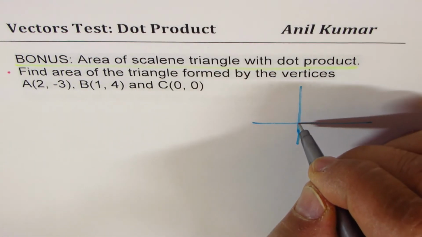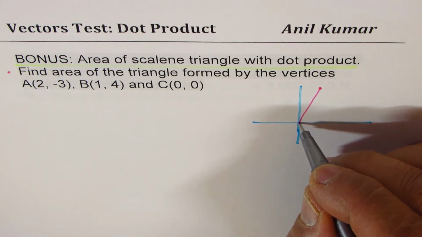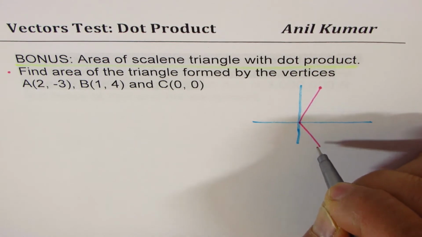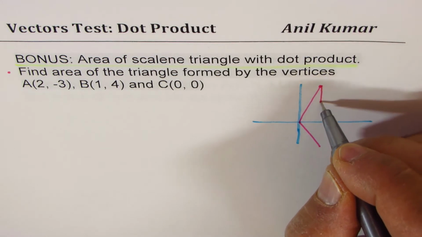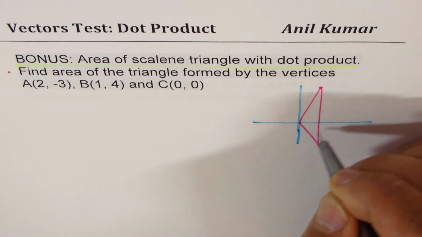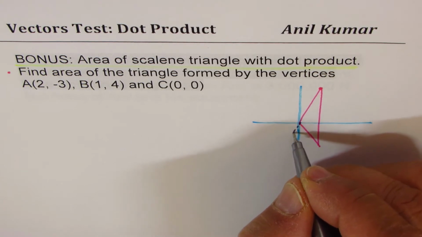So B is (1, 4), let's say this is B for us, and A is (2, -3), and this is 0, and the triangle formed is kind of like this. We have to find area of this triangle. How will you find it? Well, one method is what we did in the last part of this video.